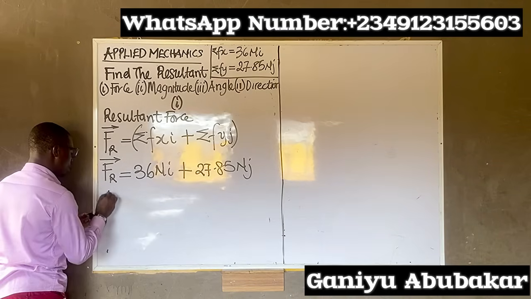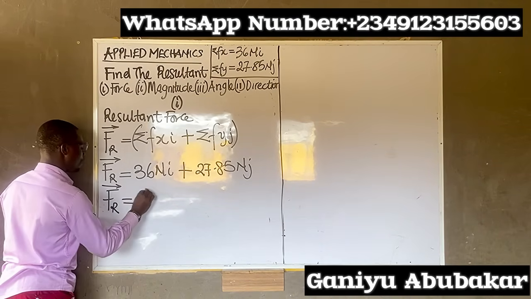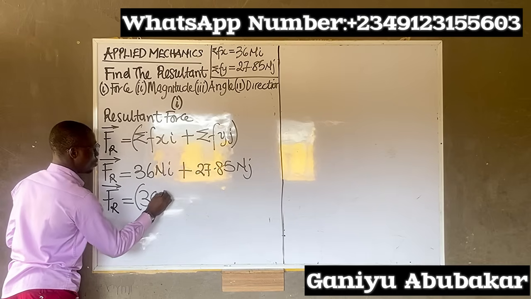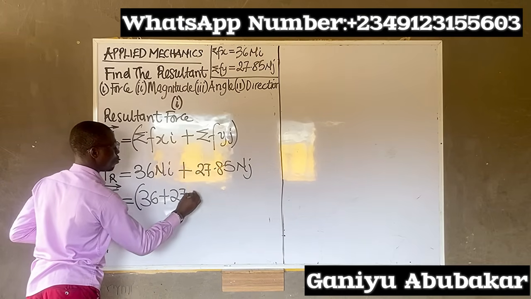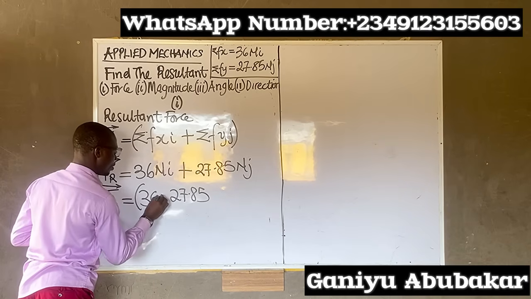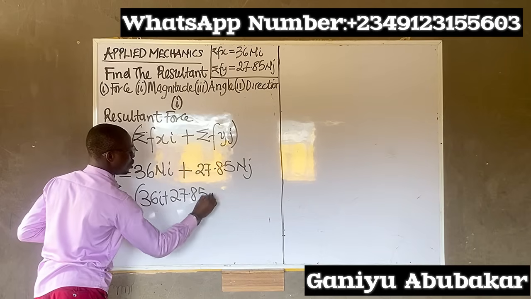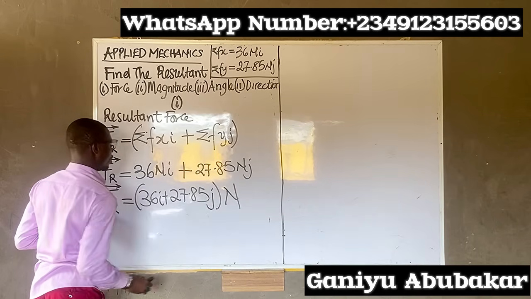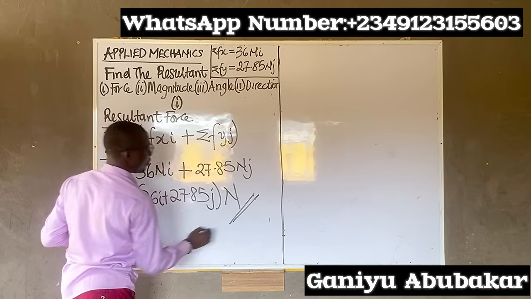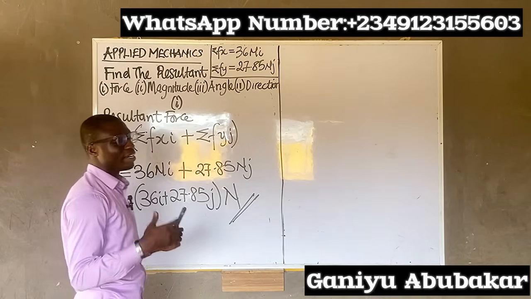That gives you that the resultant force of the diagram is 36I plus 27.85J, then the Newton should be outside this way. This is the value for the resultant force of that diagram.